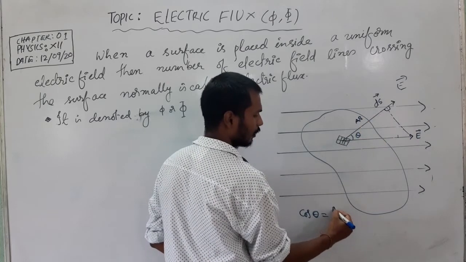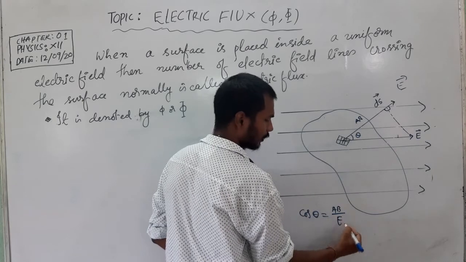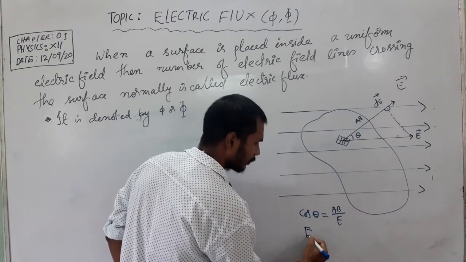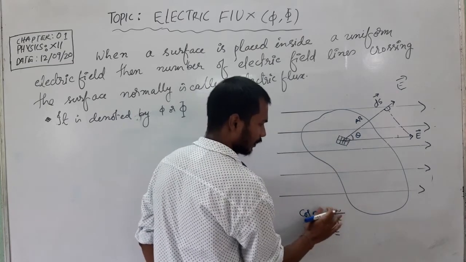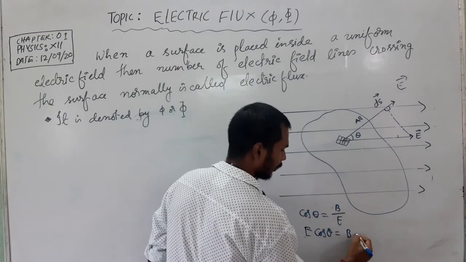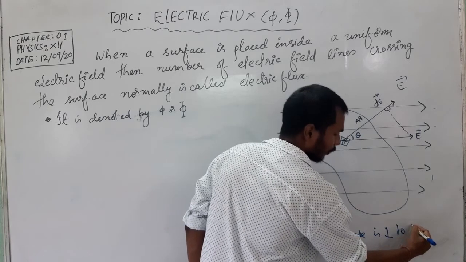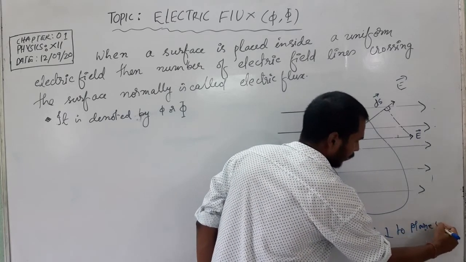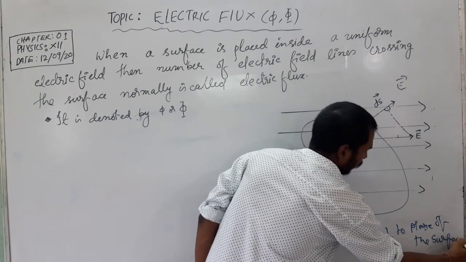So AB divided by the hypotenuse E vector. Clear? Now we can write E vector into cos theta is equal to the base, and this base is perpendicular to the plane of the surface.